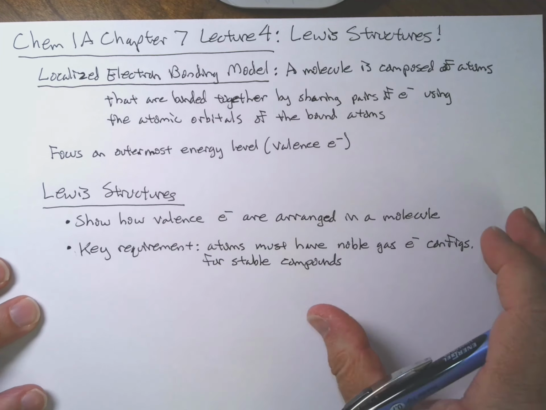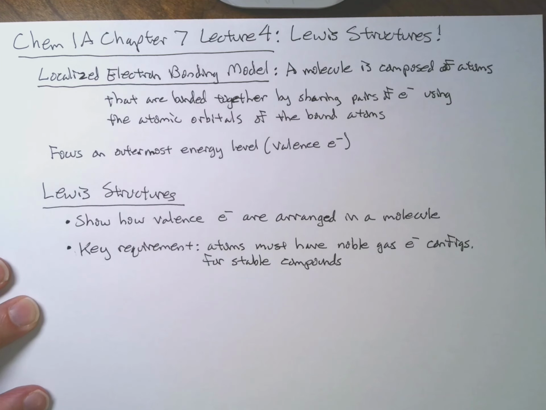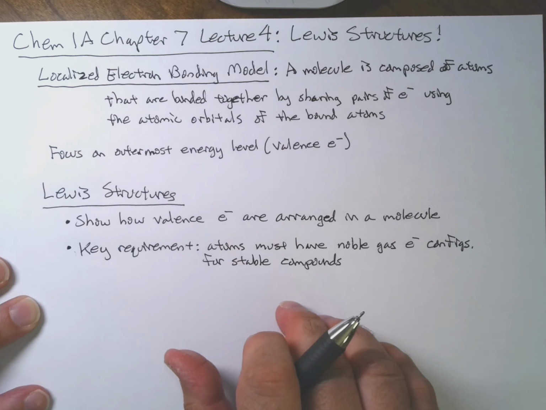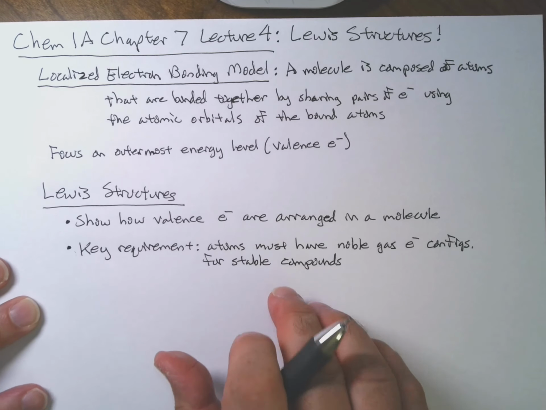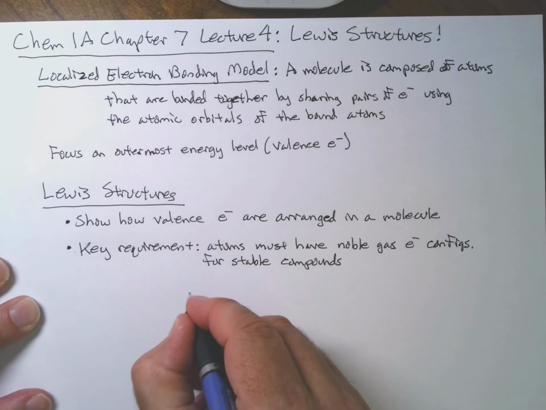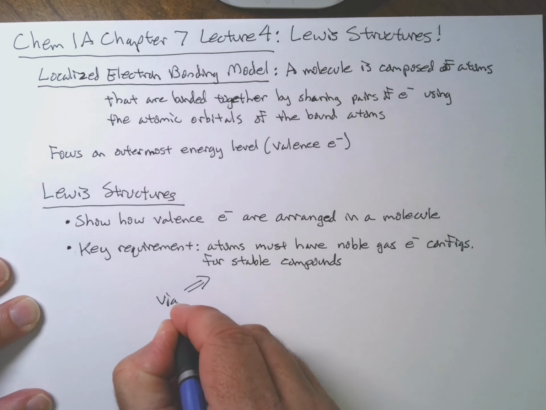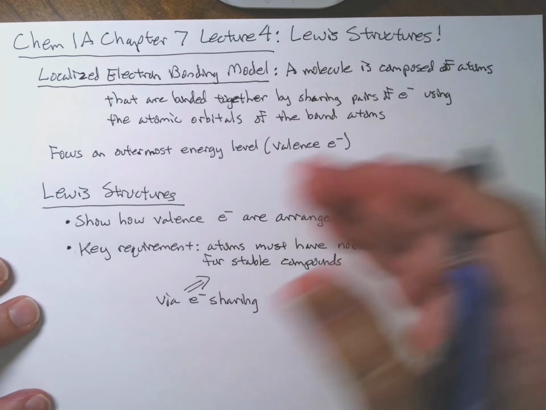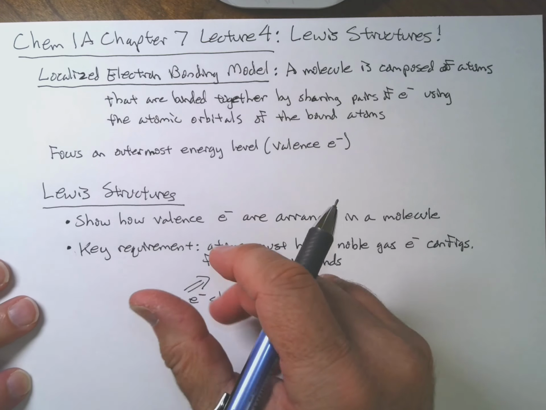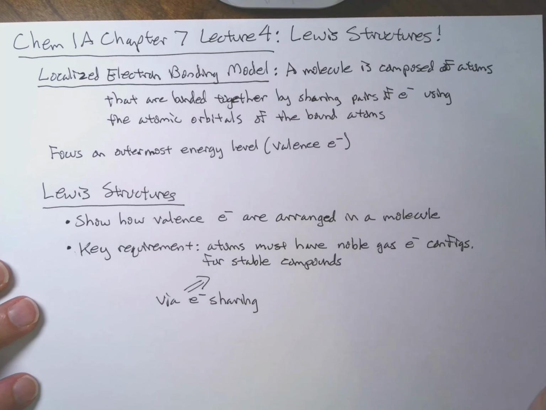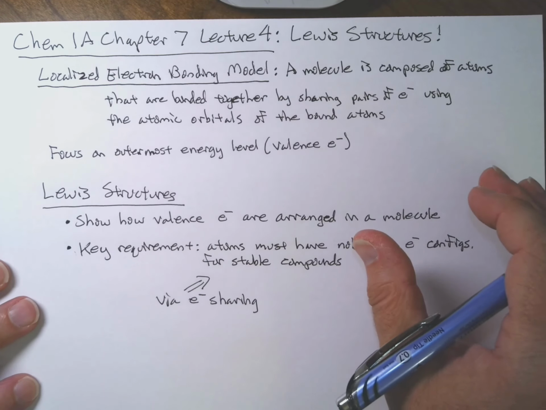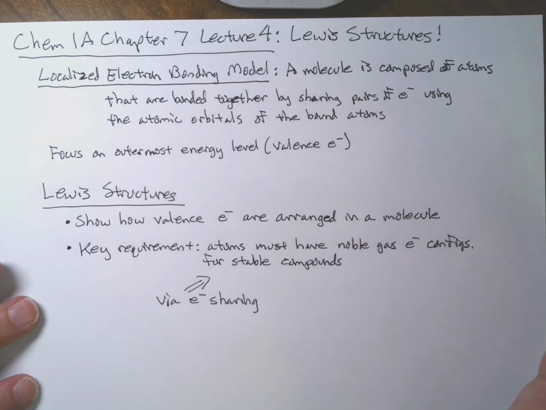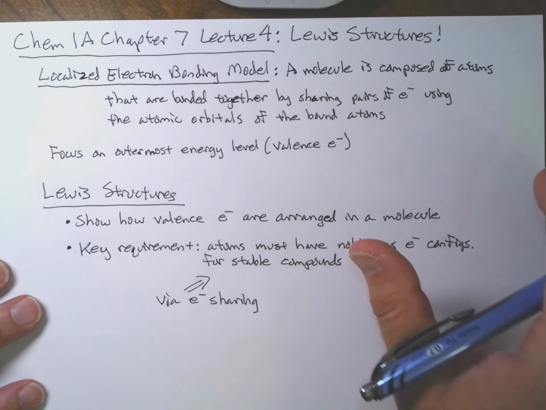That means that by sharing electrons, the atoms get to the noble gas configuration. So this happens via electron sharing. Instead of donating or gaining an electron like ionic bonds, we're going to share pairs of electrons, so we double count them towards the valence shells of both atoms in the bond.